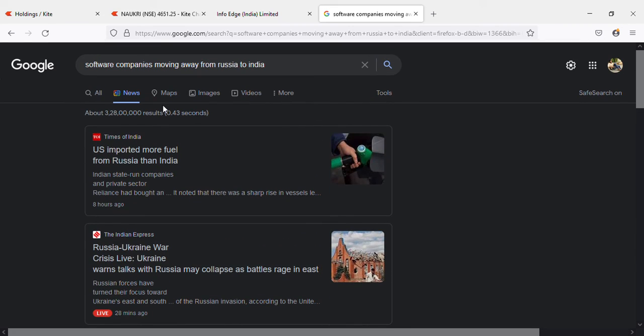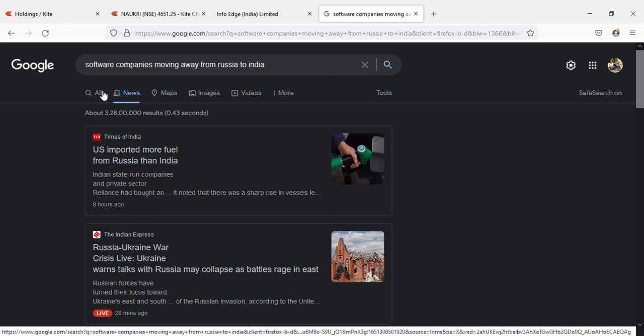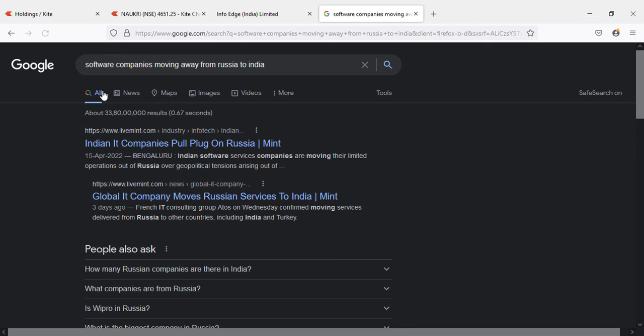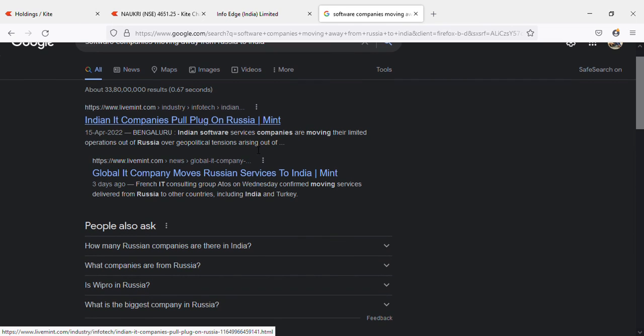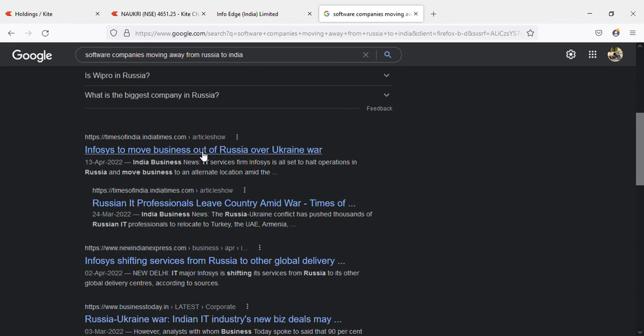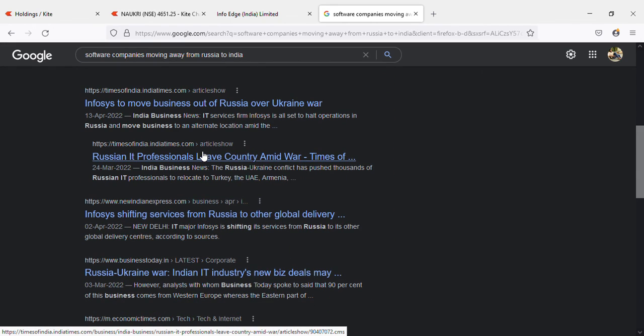I saw somewhere, but it is not coming up in this article now. So see here, April 15th, Indian IT companies pull plug on Russia, and Indian software service companies are moving their limited operations out of Russia. So this is how they are taking steps.